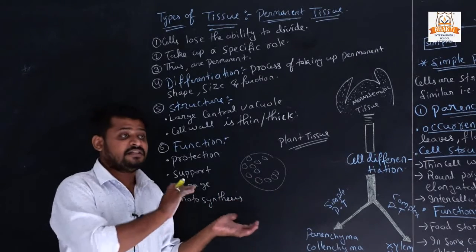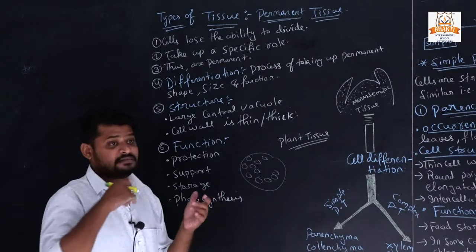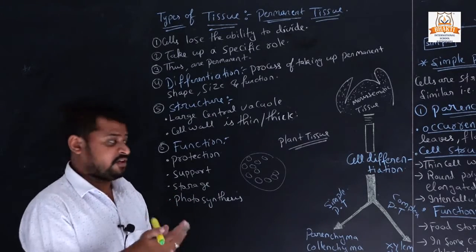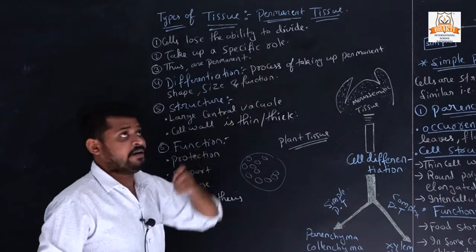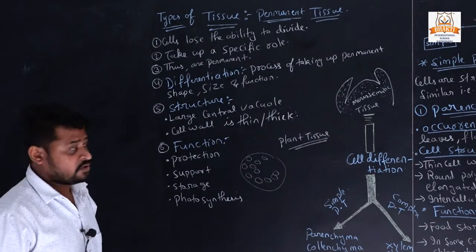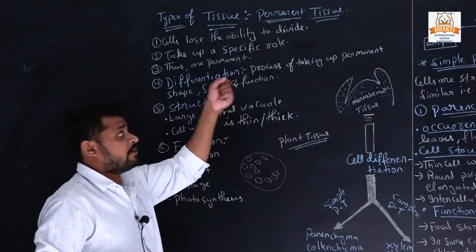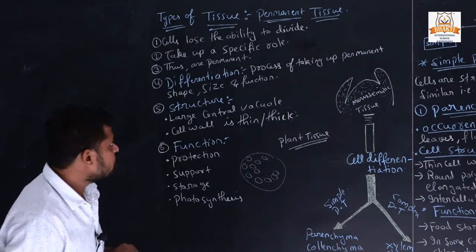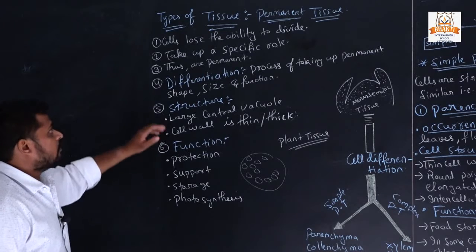It means they don't change their shapes, and they don't divide after that time. That's why that type of cell is called a permanent cell, and the tissue made with permanent cells is called permanent tissue. So we will start these topics now.